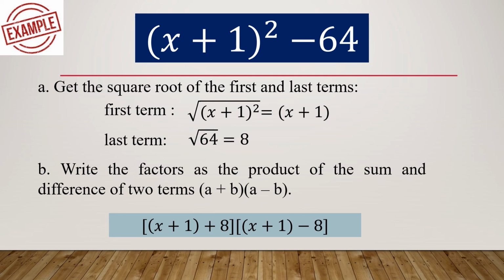We will use brackets because we have parentheses inside. So we have the sum of the binomial x plus 1 and 8 and the difference of the binomial x plus 1 and 8.